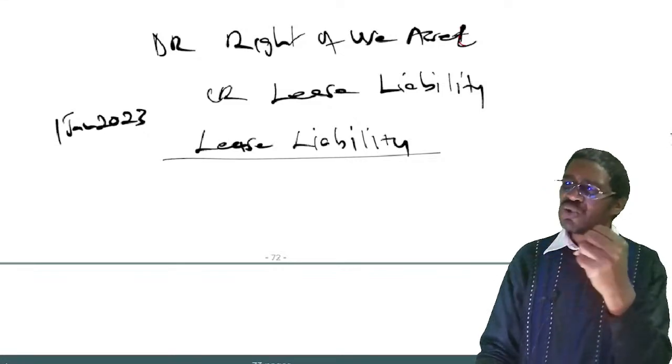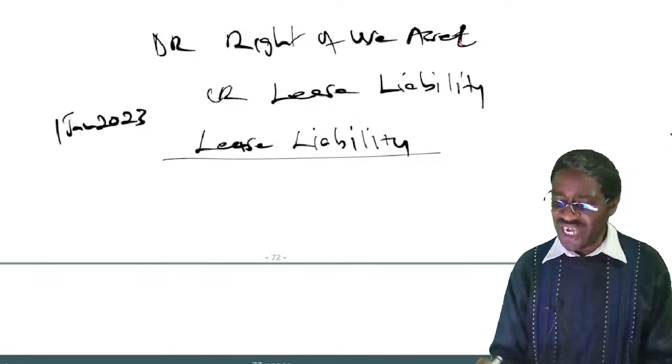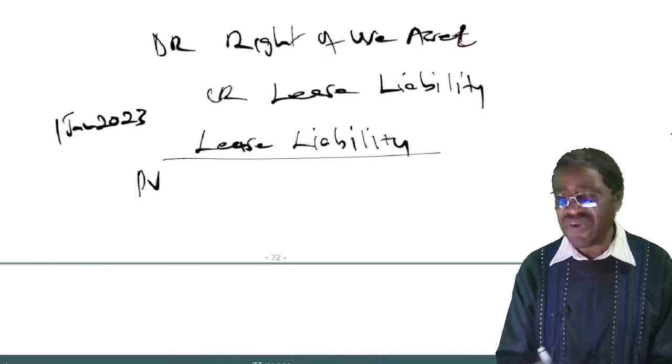So to get the amount of the liability, you get what we call the present value.